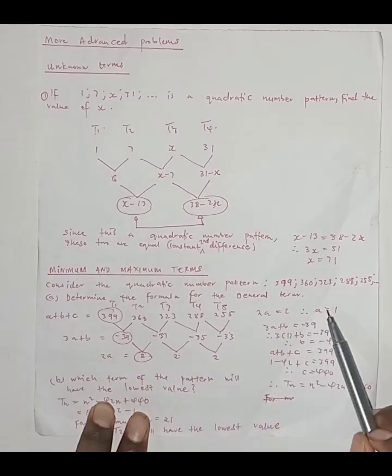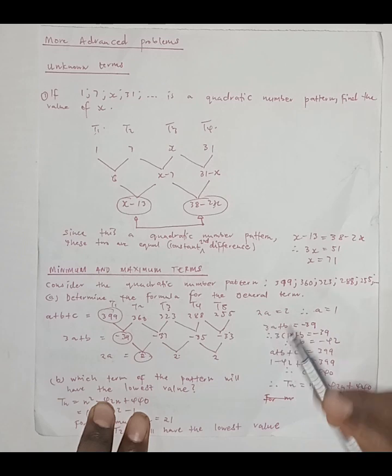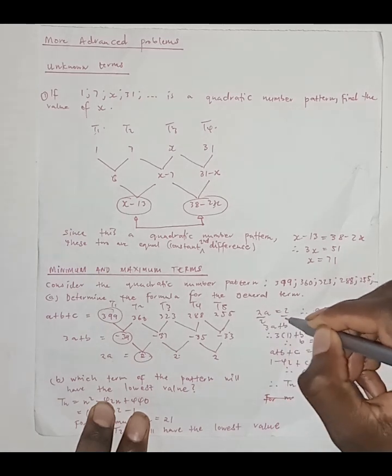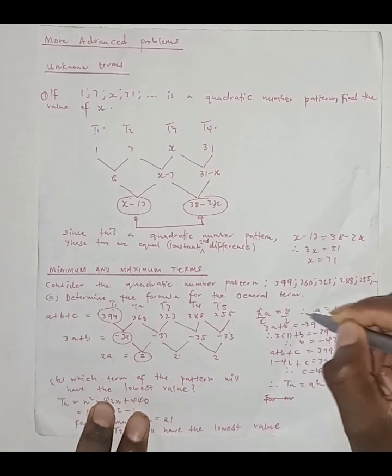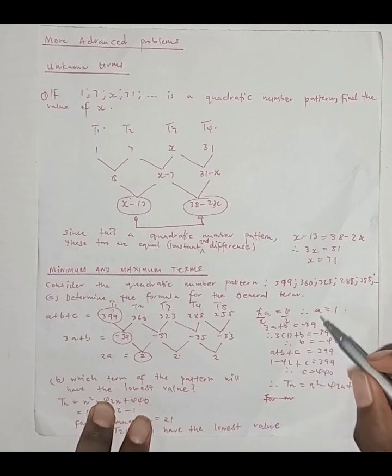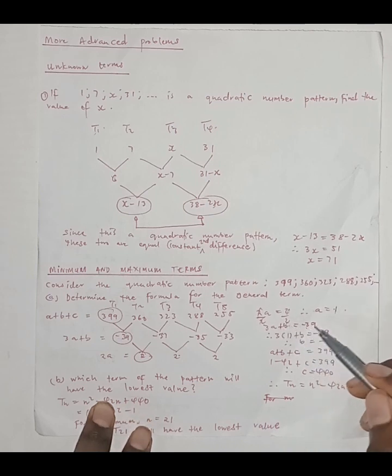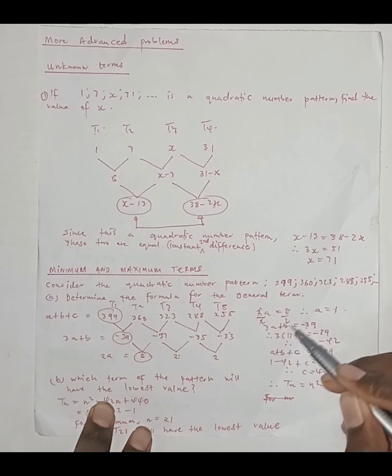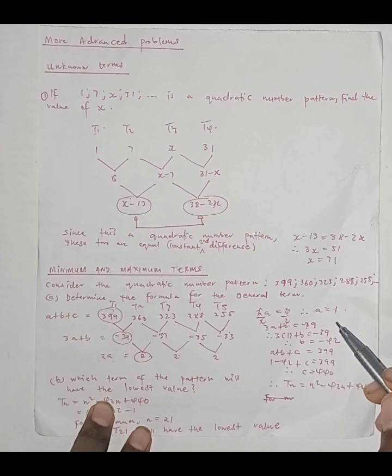Therefore a is equal to 1, because we divide both sides by 2. Then we substitute that a into this equation: 3a plus b is equal to negative 39, which is 3 times 1 plus b equals negative 39. Therefore b is equal to negative 42.